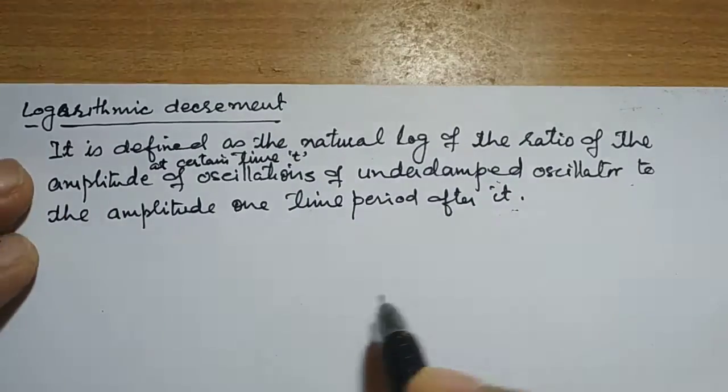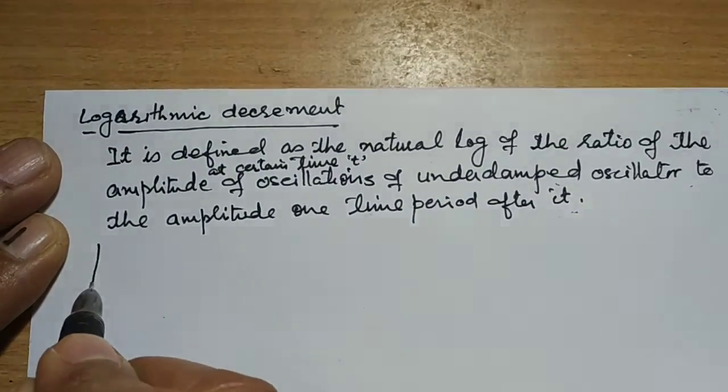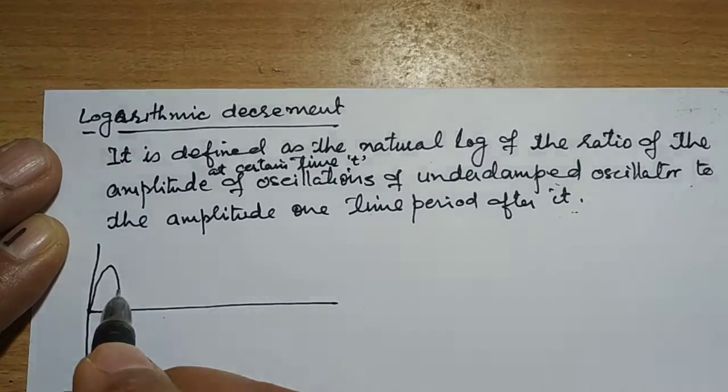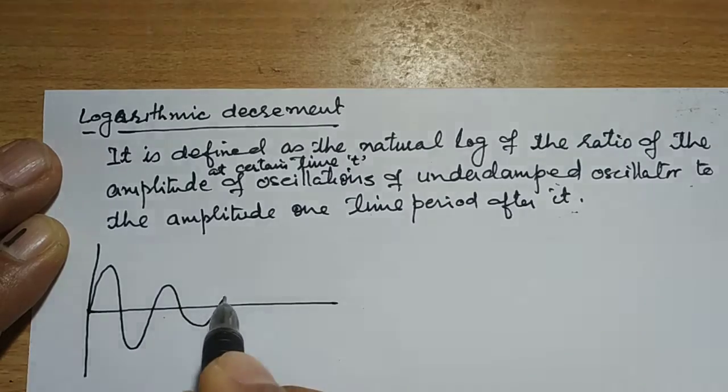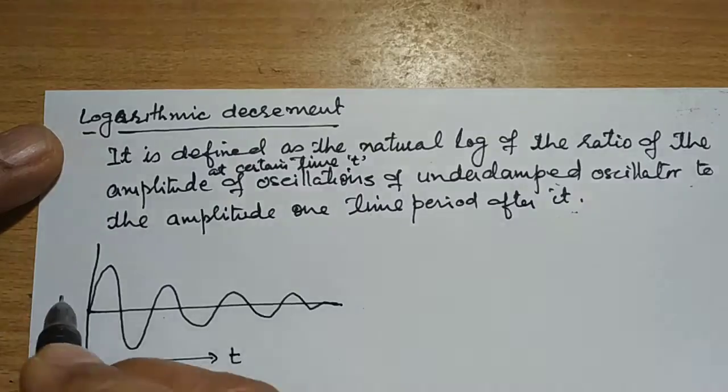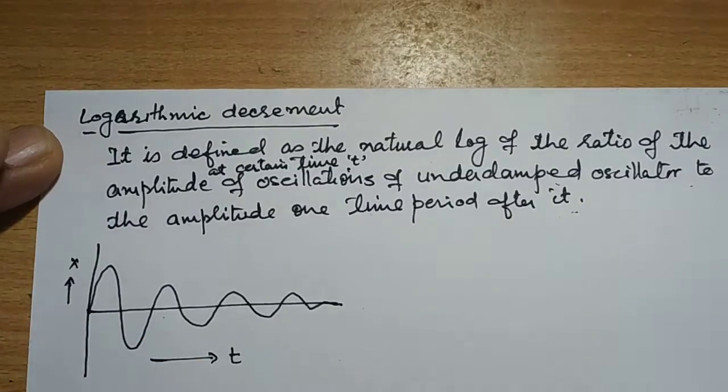We have seen that underdamped oscillations are shown like this: time along the x-axis and displacement along the y-axis.